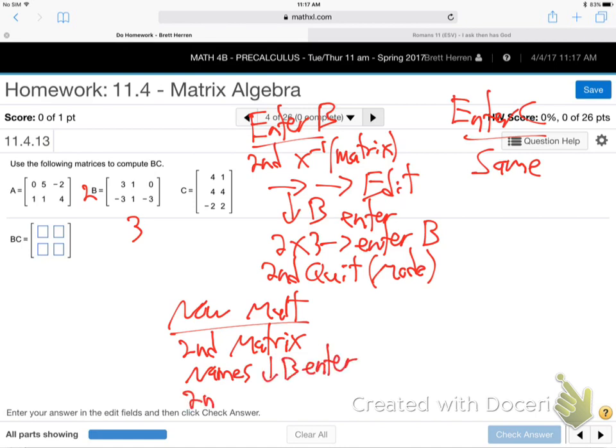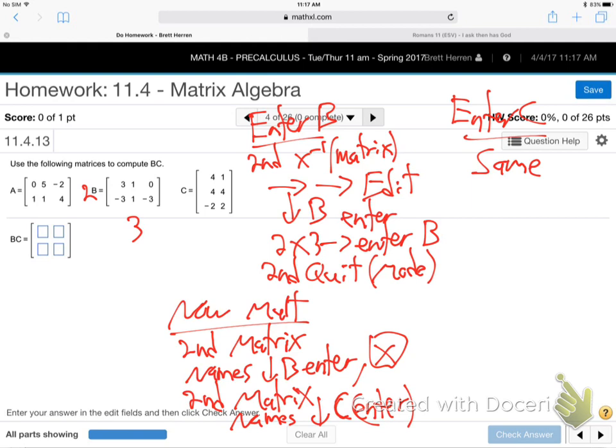Then you hit second matrix again. On names, you go down to C. Well, I forgot the times. Hit times in between. Then second matrix, names, down to C and hit enter. And then hit enter one more time.